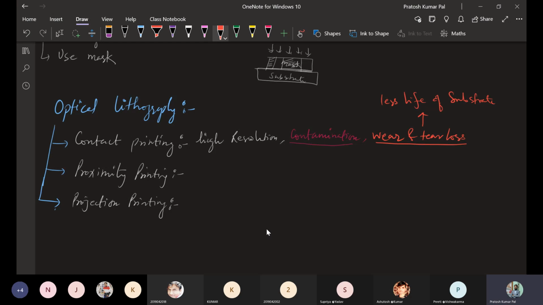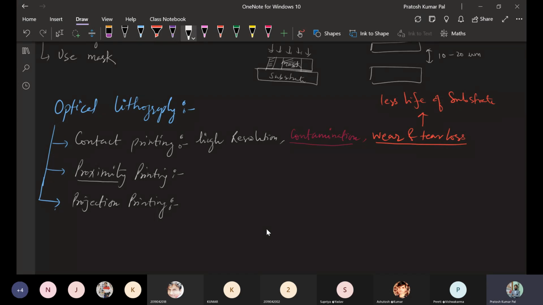The next one is proximity printing. As the name indicates, proximity means there will be some gap between the substrate and mask. So if this is the substrate, there will be a gap between substrate and mask. This gap will be around 10 to 20 micrometer.